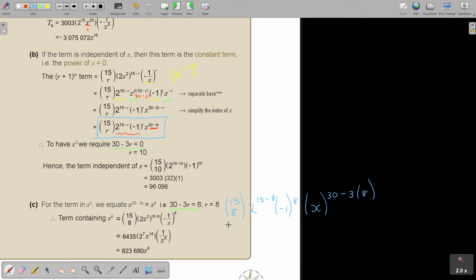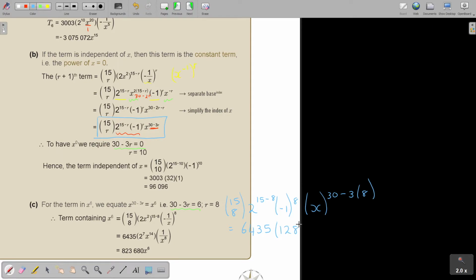So then if I'm doing this, I say 15 and 8, just like I did there, and I get that same 6435, and then I'm multiplying. This is 15 minus 8, it's going to be 7, so it's 2 to the power of 7, and that's 128.